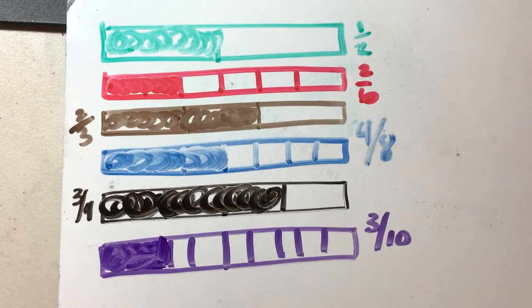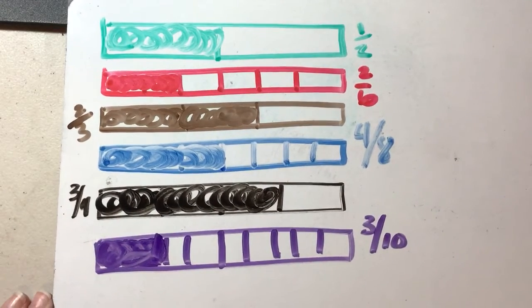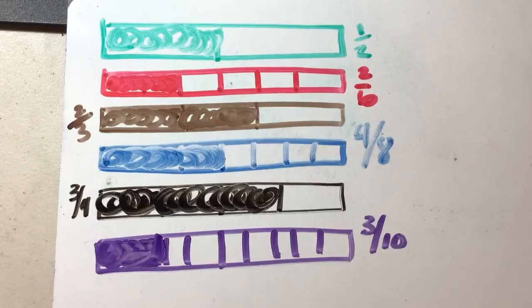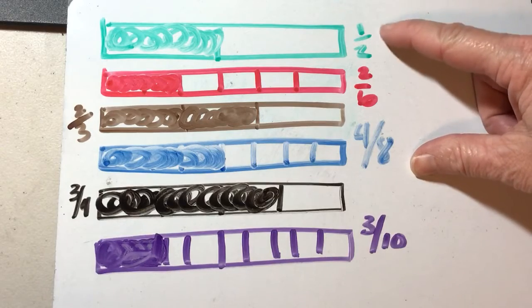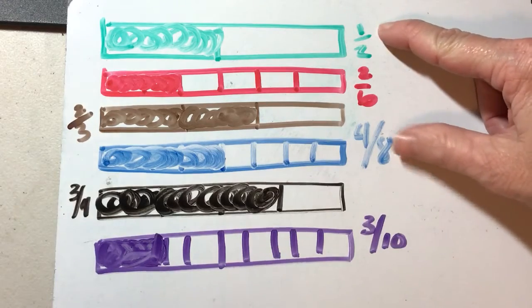All right, so looking at these, I have to compare them. I know that one of them is supposed to be equal, and in looking at this, I can tell that the equal ones are the half and the 4/8.